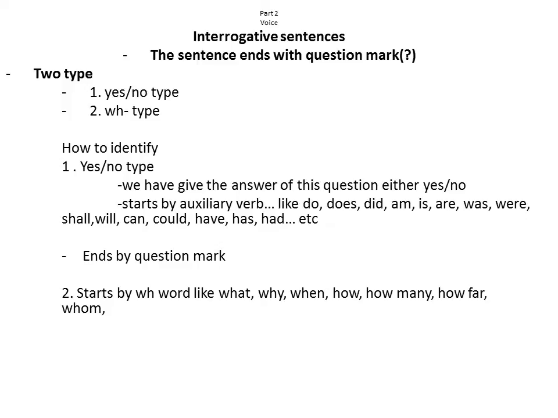We have to answer these types of questions either by yes or no, and the beginning of this type of sentence is always with an auxiliary verb like do, does, did, am, is, are, was, were, shall, will, can, could, have, has, had.